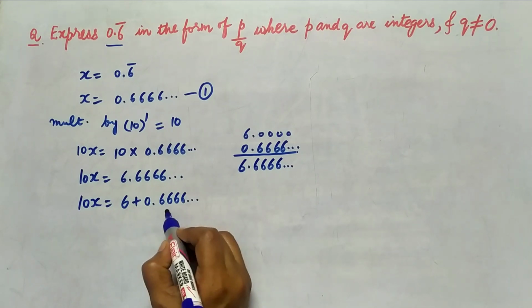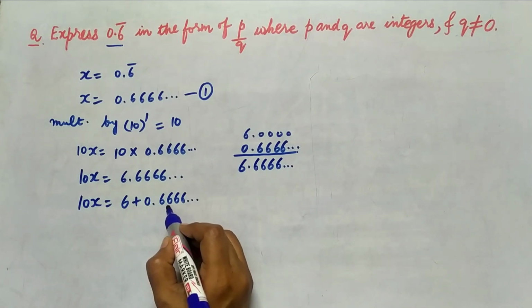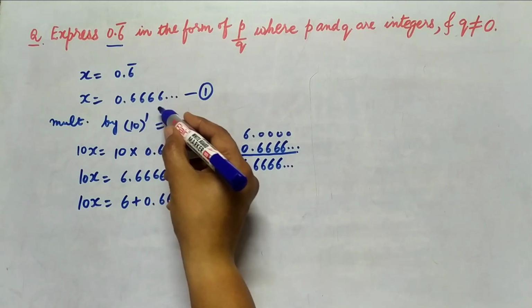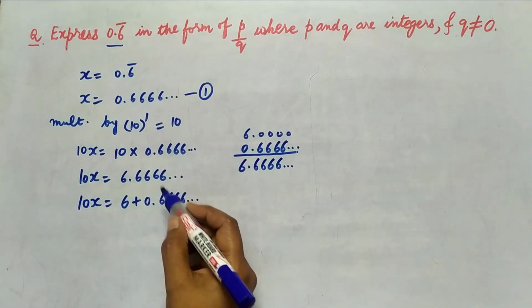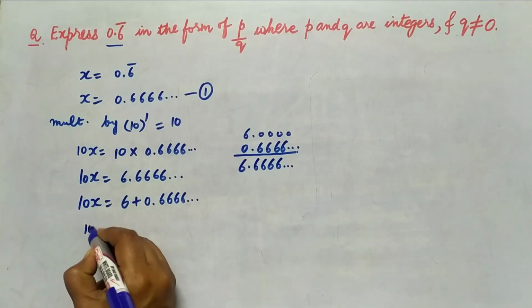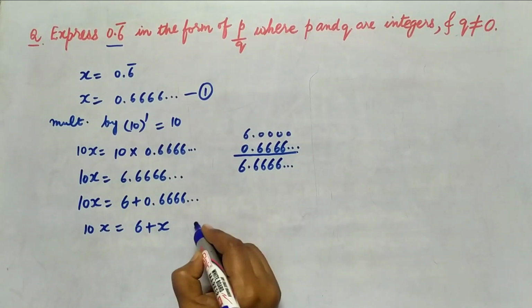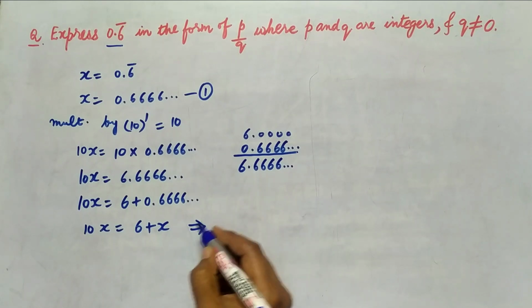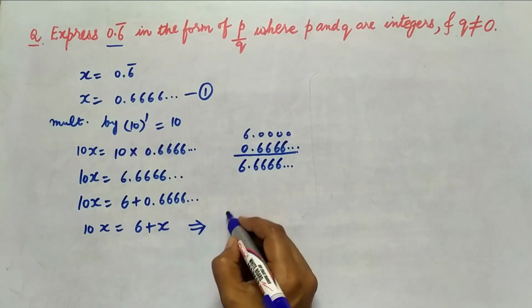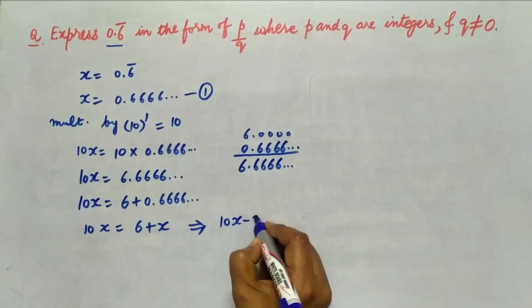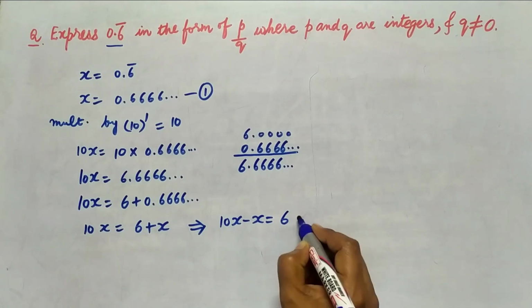Now look at this number. This is our x. Here, same as x. So we can write 10x is equal to 6 plus x. From here, what do we get? x goes to this side. 10x minus x is 6.